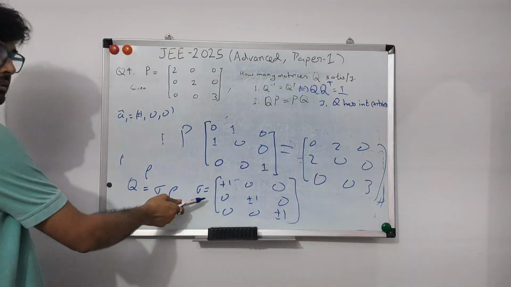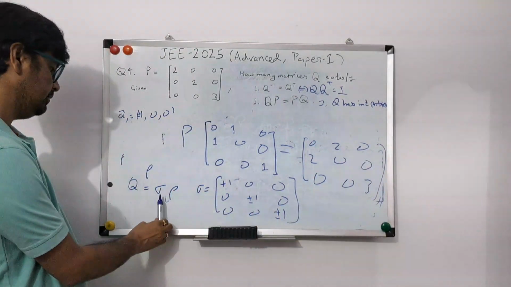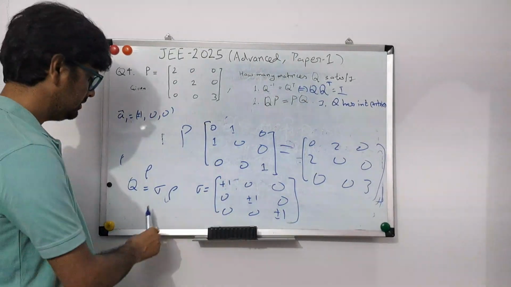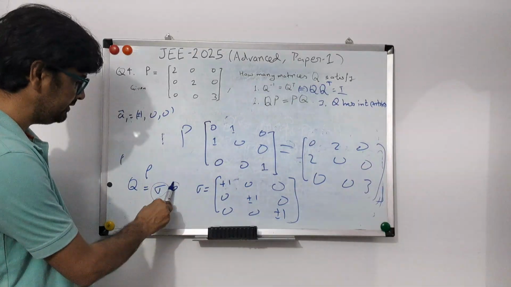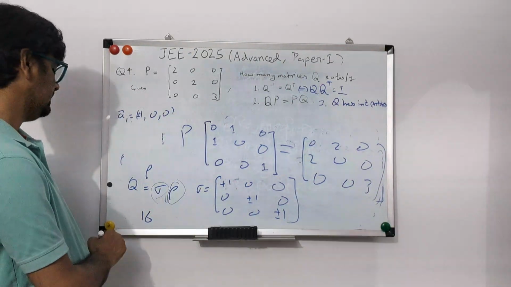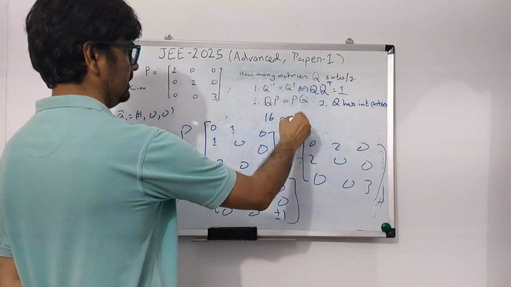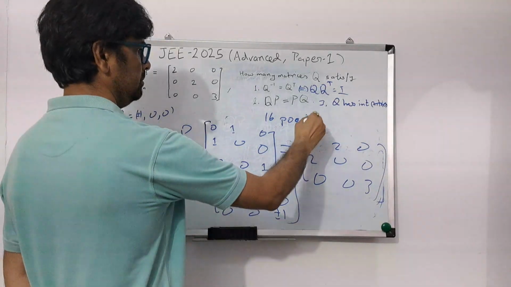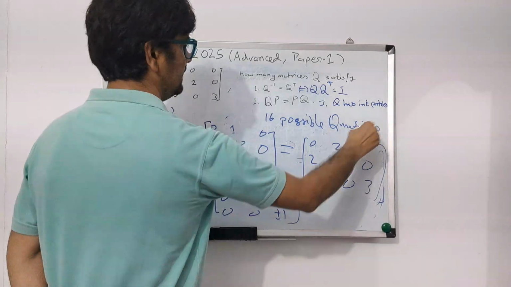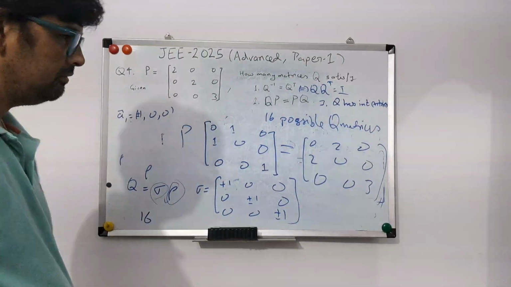So sigma has 8 possibilities. There are 8 possible sigma matrices and 2 possible rho matrices, and their products are all different matrices. So 8 sigma matrices and 2 rho matrices give us 16 possibilities. So the answer is there are 16 possible Q matrices that satisfy these three conditions. Okay, that's it. We are going to close.